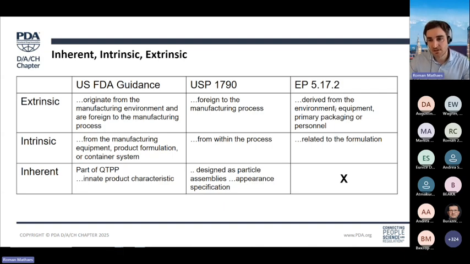Of note, the EP 517.2 does not have this inherent category. So we find very similar language in the EP 517.2, but the categories seem to be shifted. Of course, there are a lot of controversial discussions ongoing about how aligned these 2 chapters are. And if you ask me personally, I think it's a very missed chance to fully harmonize US and European standards.